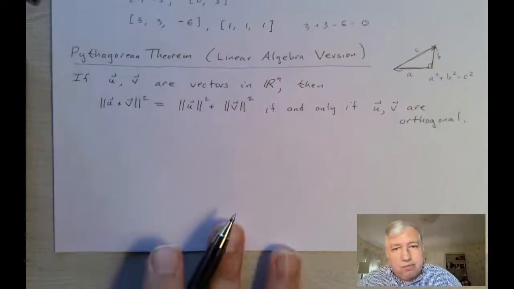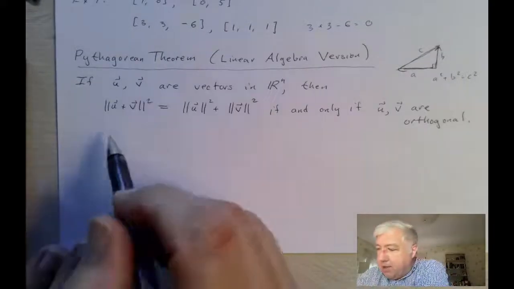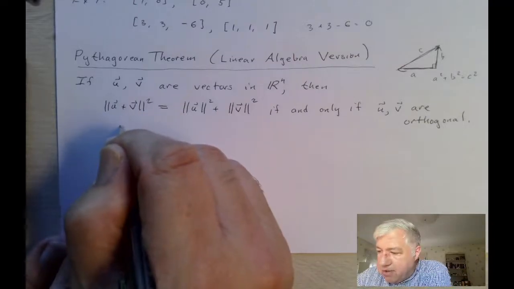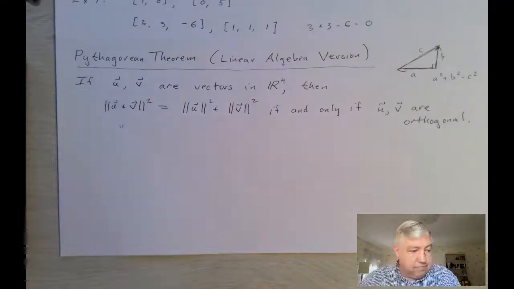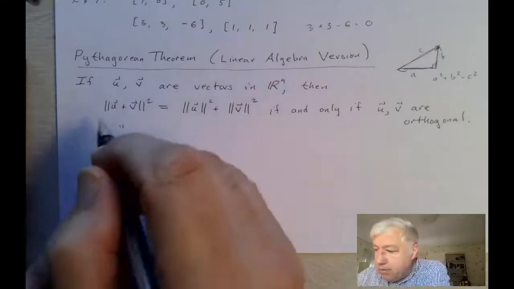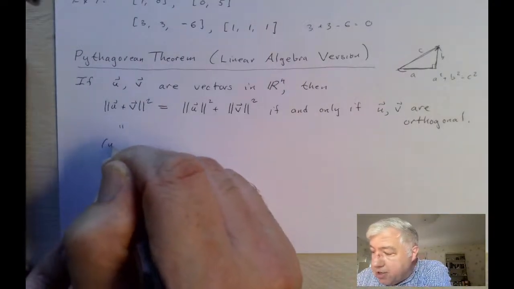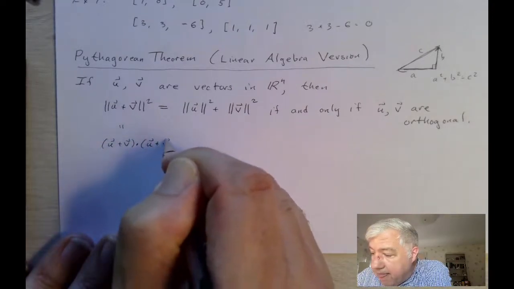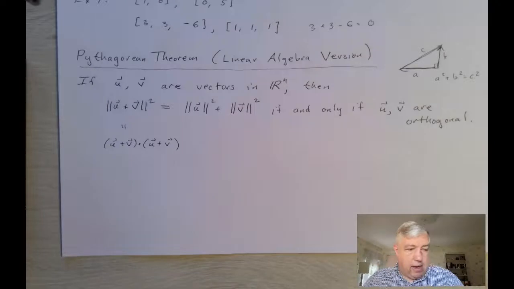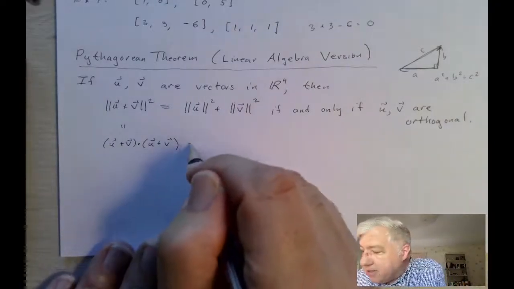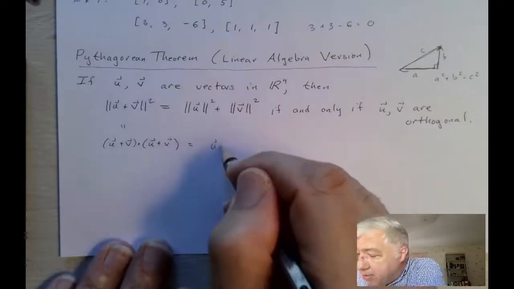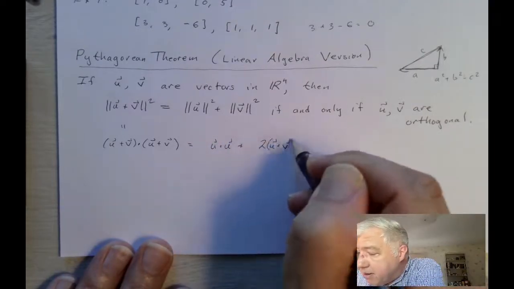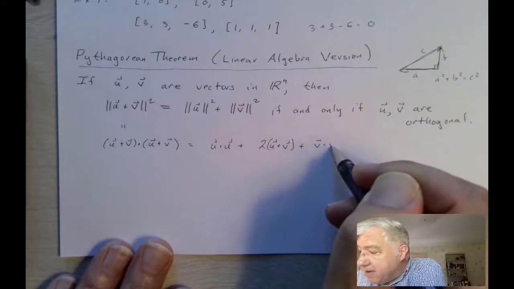And the reason why this works is that it's actually pretty easy using the properties of the dot product, because we know that this can be written as u plus v dot u plus v, and by the properties of the dot product, this is going to be u dot u plus 2u dot v plus v dot v.